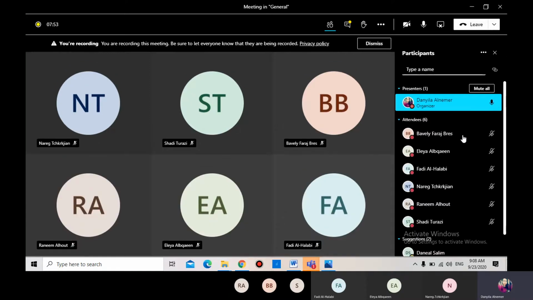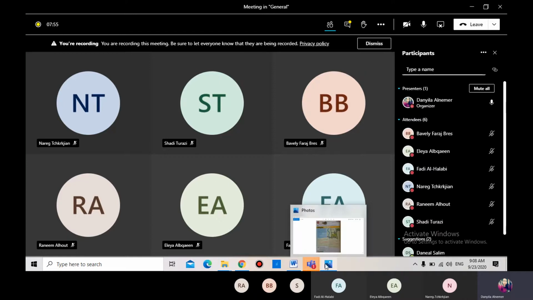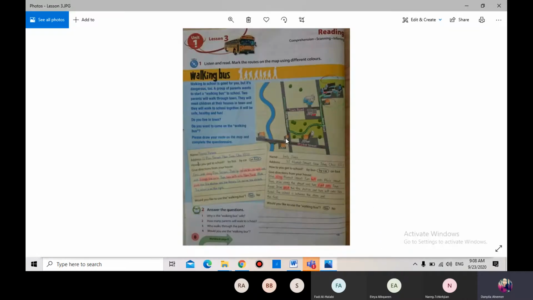Our lesson today is lesson 3, page 8, as you see.